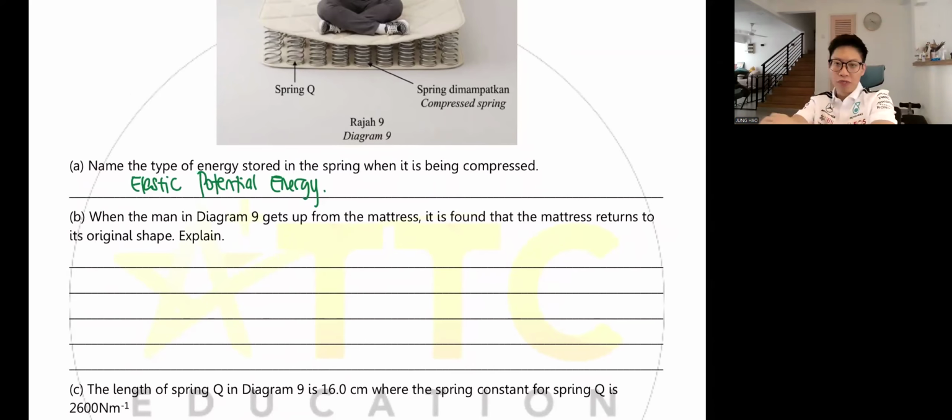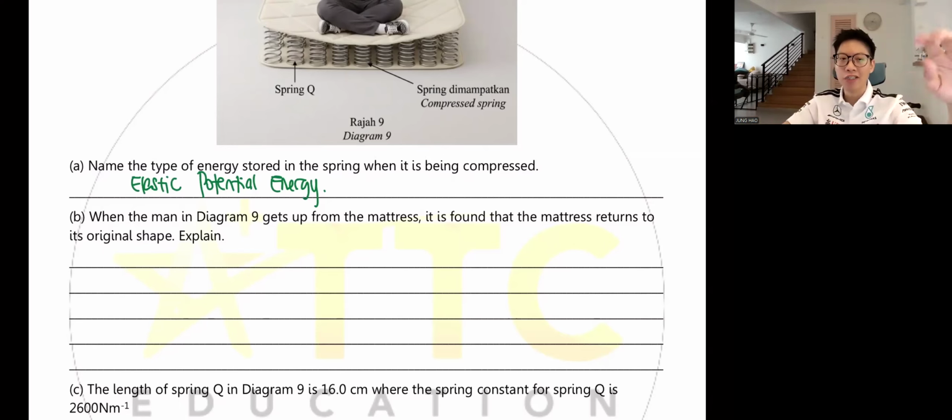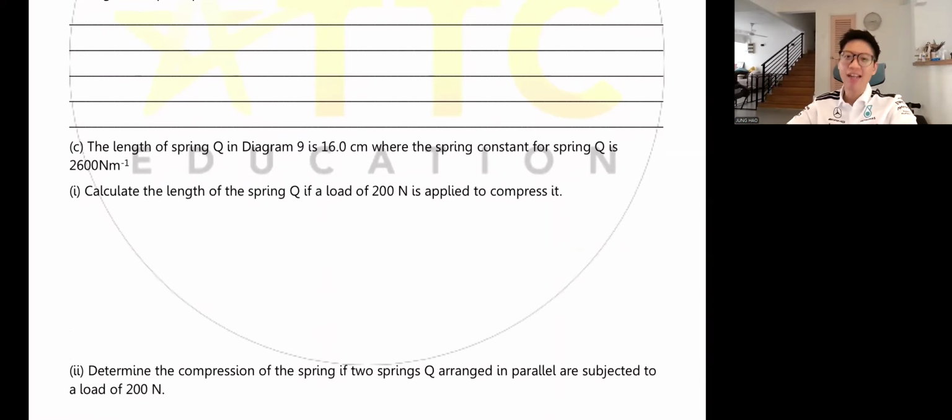So why will the mattress return to the original shape? It's very simple: when the molecules get compressed, when they go closer to each other, the molecules will try to repel. When they repel, it will push them back to the original shape. I give you the answer, because if we write, we'll need another 2 more hours to finish the class.